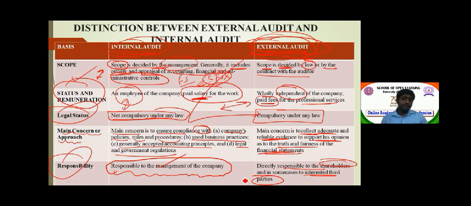So it's not like the external auditor is going to be responsible or accountable to the board of directors of the company. They are responsible to the shareholders and the third parties. All right.